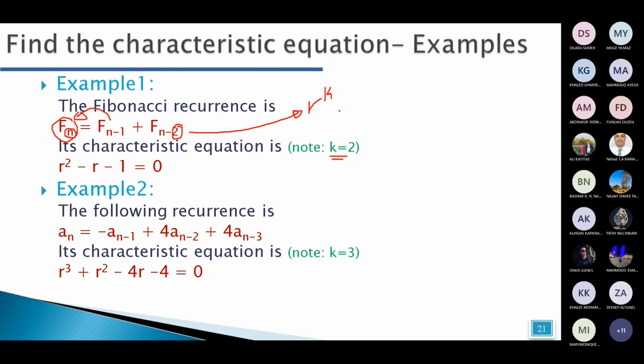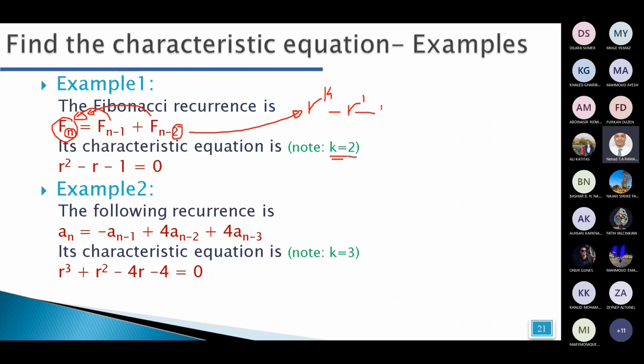Here, go to the other side. So minus; it's a plus, it becomes minus when it goes to the other side. Minus r, instead of n put k, which is 2. 2 minus 1 is 1. So r power 1; it's not necessary to put power 1, okay? And this also goes to the other side, so it becomes minus.